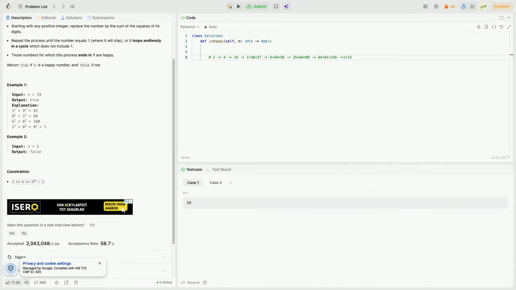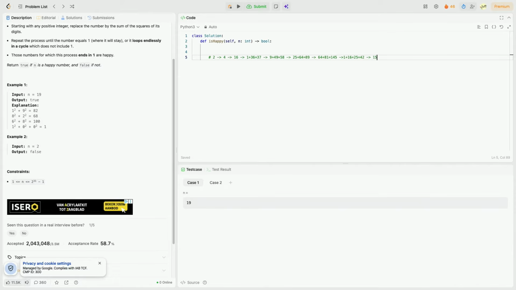That becomes 1 plus 16 plus 25, which is, well, 42, if I'm not mistaken. 42, what does it become?